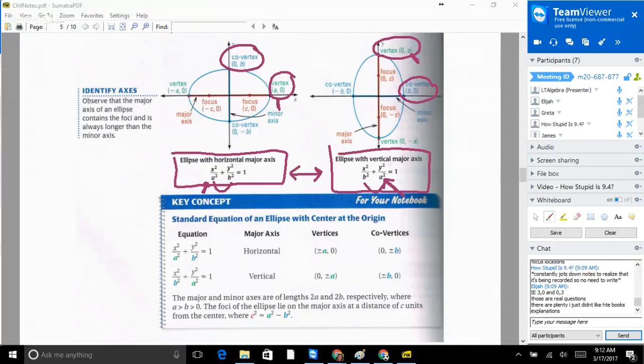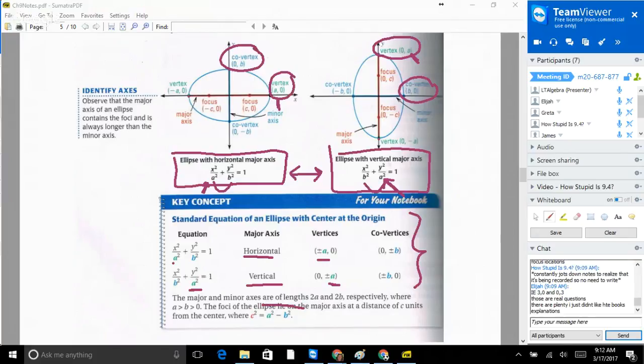They show you here: if it's horizontal, then A is going to be bigger and your vertex is going to be at A, right? But if it's vertical, your A goes under your Y, because vertical corresponds to the Y axis.